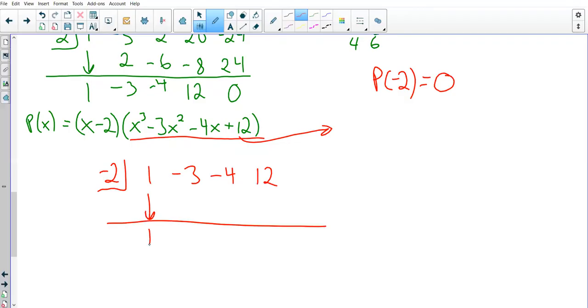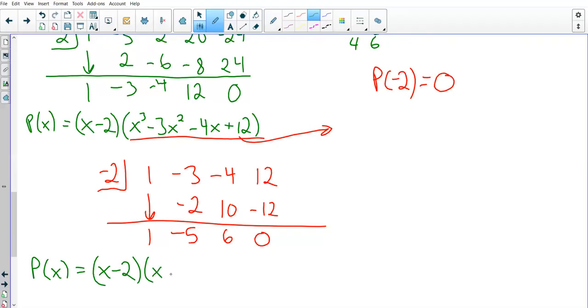Bring the 1 down. -2 times 1 is -2. That gives me -5. -5 times -2 gives me a +10. -4 plus 10 is 6. -2 times 6 gives me -12. And there we go again. Our remainder is 0. And that leaves me with, go back to my green ink again, p of x is equal to x minus 2 times x plus 2 times x squared minus 5x plus 6.